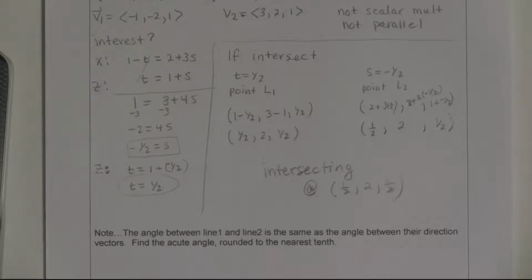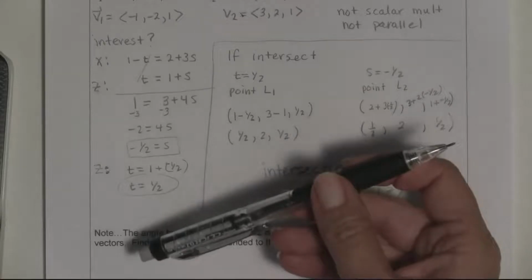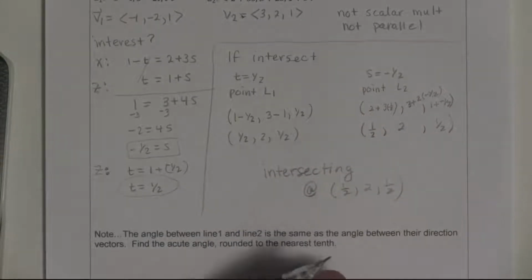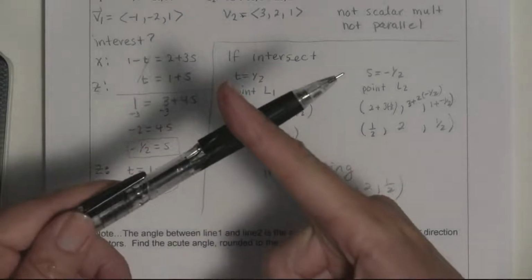And so in order to do that, the thing that you would notice is that that would be the same as the angle between their direction vectors. And we want to find the acute angle. So the two lines intersect one another somewhere, and the two direction vectors also intersect one another somewhere and at the same angle.